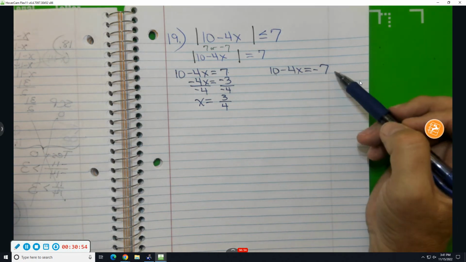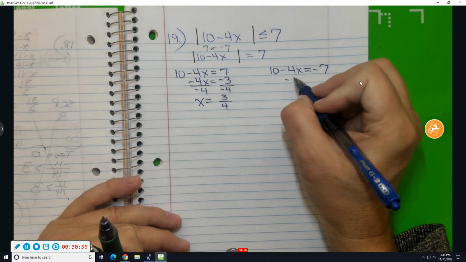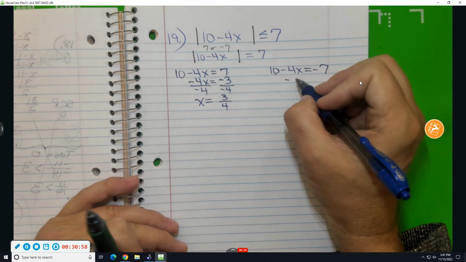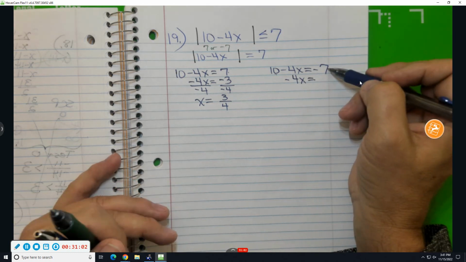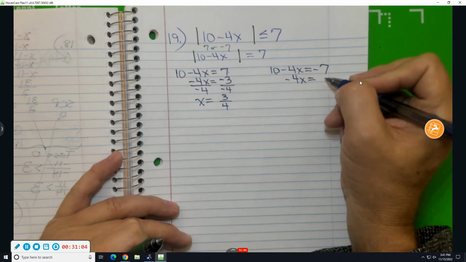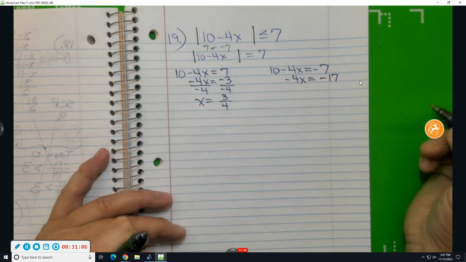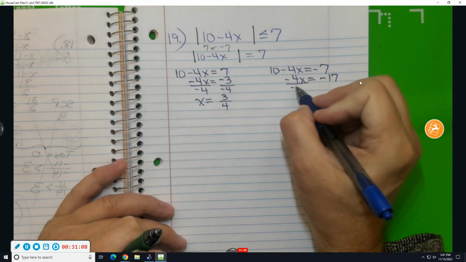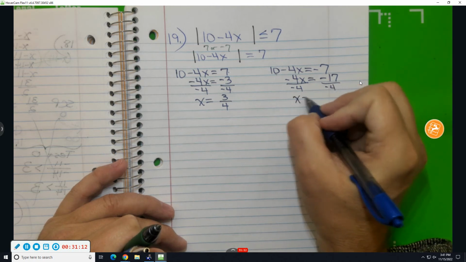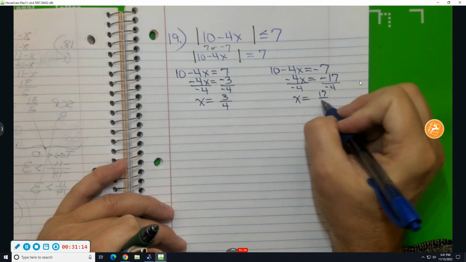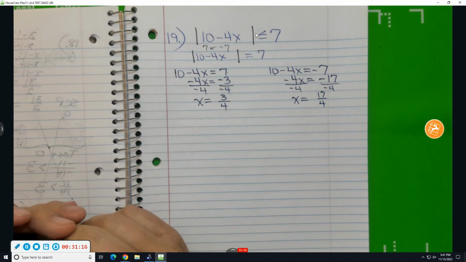Here, subtract 10, that says negative 4x is equal to negative 7 minus 10 is a negative 17. Divide by negative 4 to give us x equals positive 17/4.